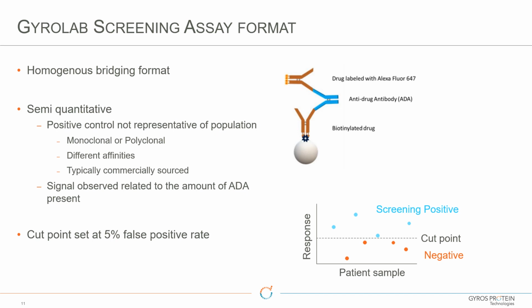But in a lot of cases, you can buy your positive control commercially, so you need to find the best source that you can get. And with immunogenicity assays, you're not doing standard curves. You're normally doing a statistical cut point, and as I mentioned, this is set around a 5% false positive rate to try and avoid getting false negatives.